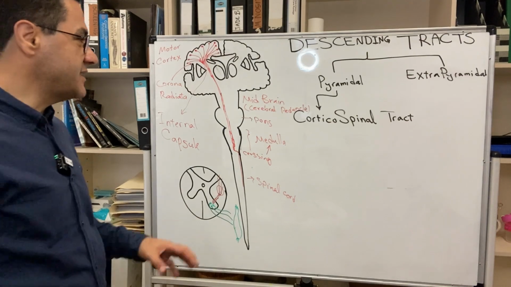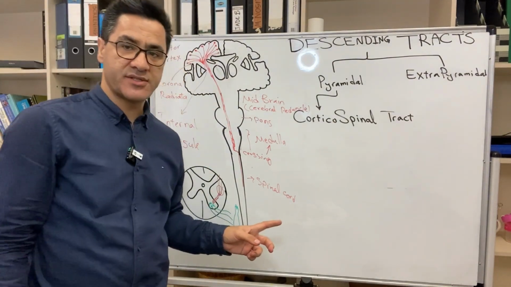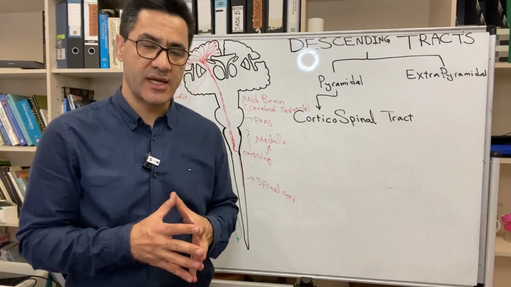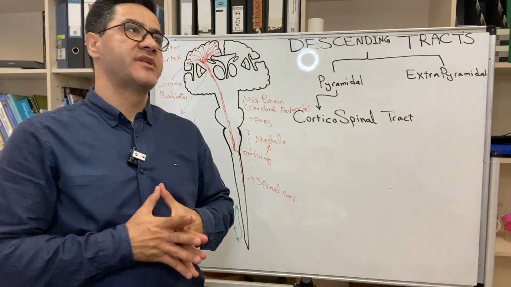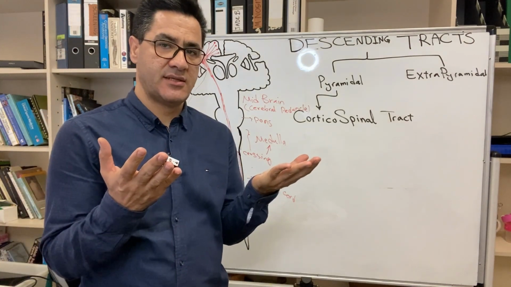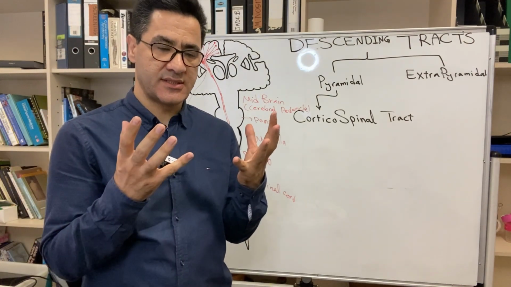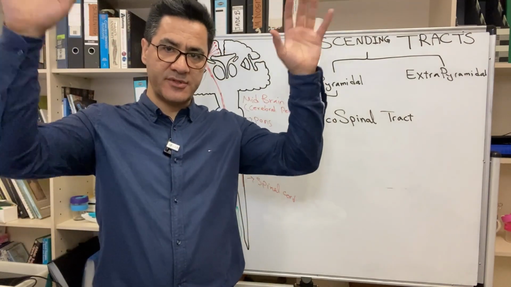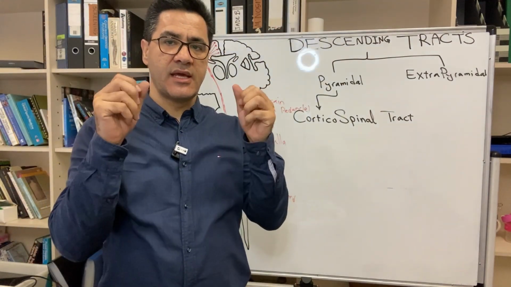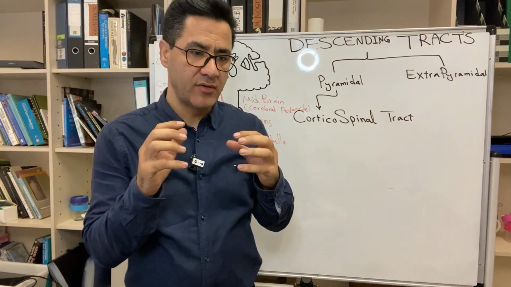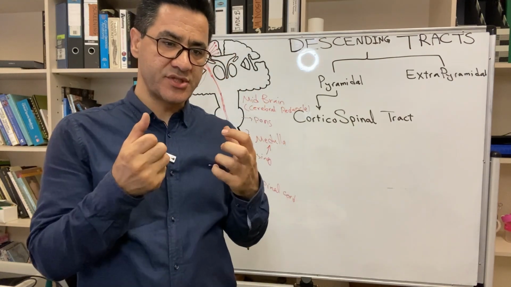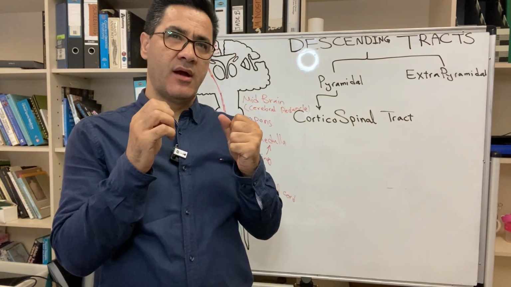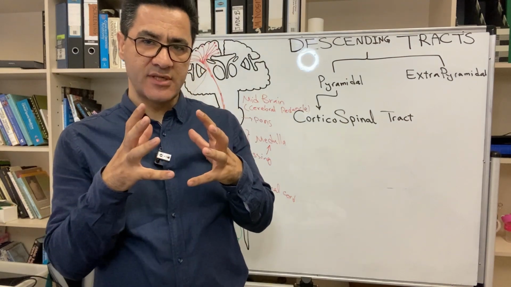So what is the function of the corticospinal tract? The corticospinal tract is a skilled tract. Why is it called a skilled tract? Because it supplies the distal end of the upper limb and the lower limb, and its function is voluntary movement of the distal muscles.